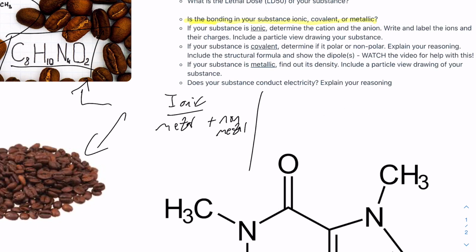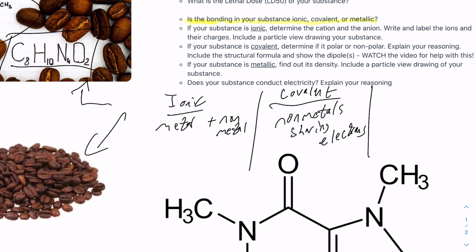Covalent is when you have multiple non-metals, right? They're sharing electrons. And metallic is just between other metals, right? So that one's fairly intuitive, right?